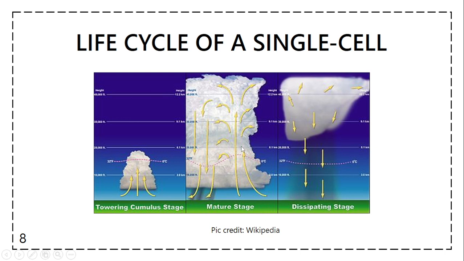Now, mature stage, the updraft has gone up here near the troposphere, 40,000 feet. And up here, we get a fully developed single cell. Here, because the cloud is so heavy with raindrops, we start to get precipitation falling down. Precipitation isn't going up. Precipitation, rain, is going downward.